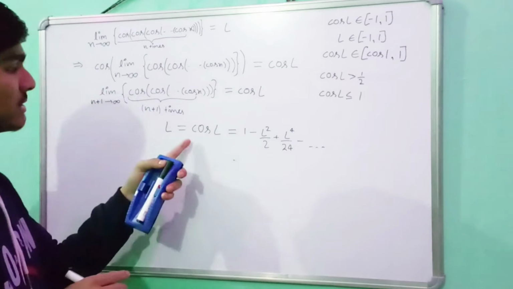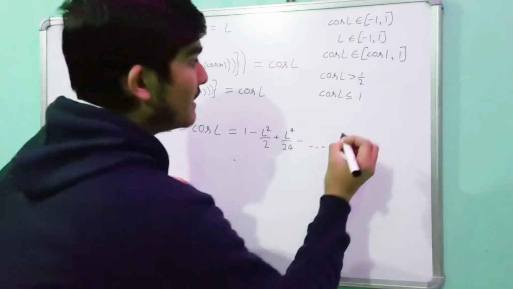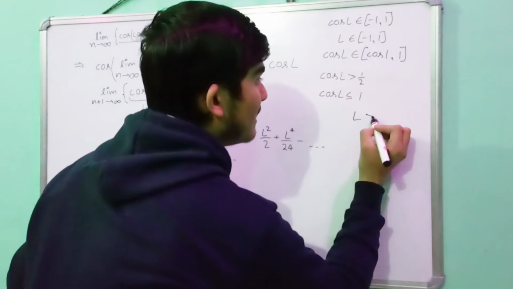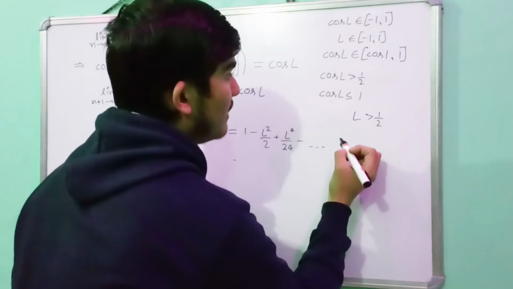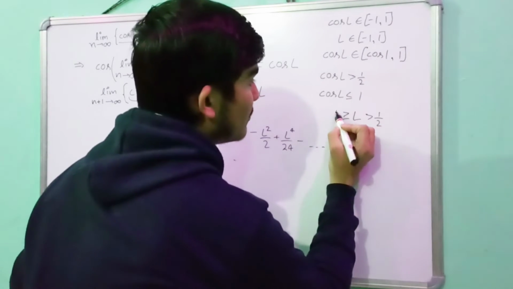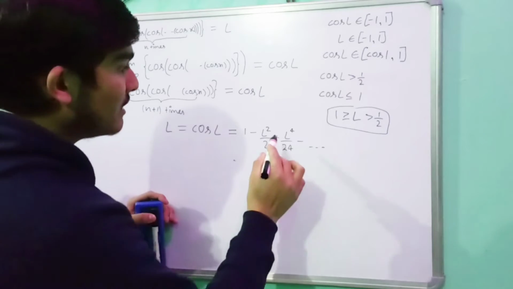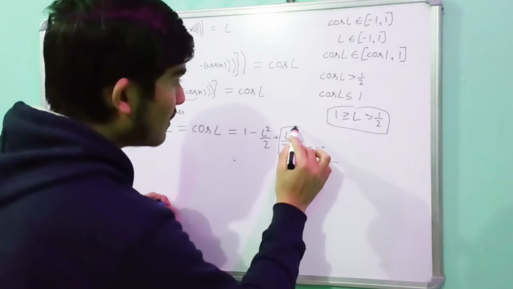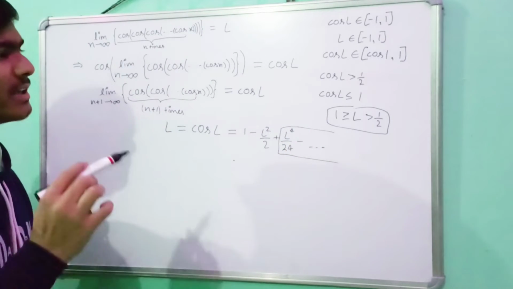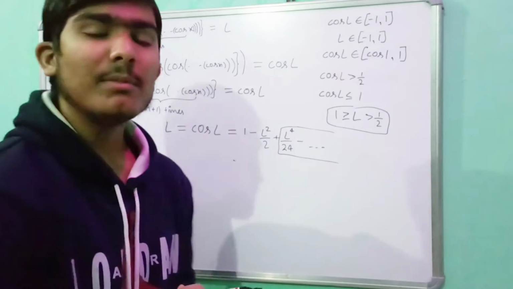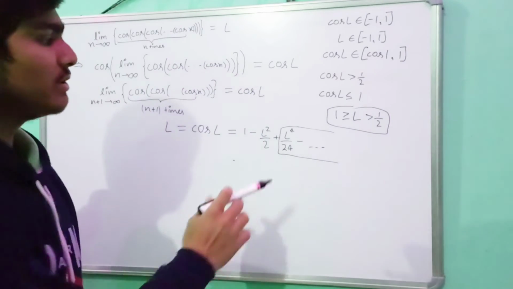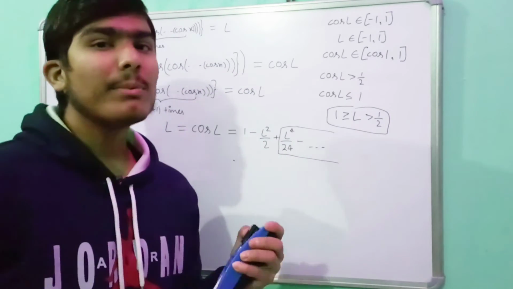Because L equals cos L, from here I can say that L is greater than half and less than or equal to 1. Now if we look at these residual terms, we can easily observe that a number between half and 1 to the 4th power over 24 will be approximately 0.